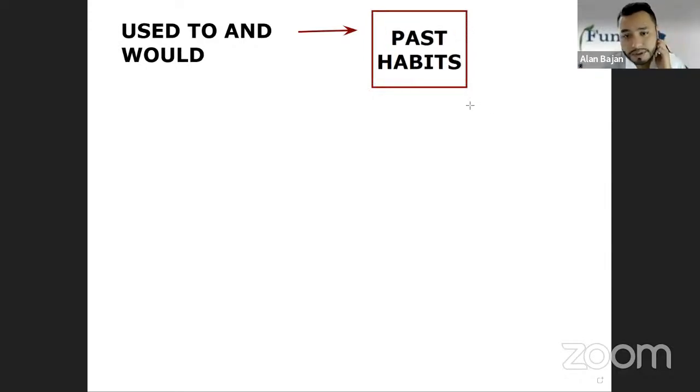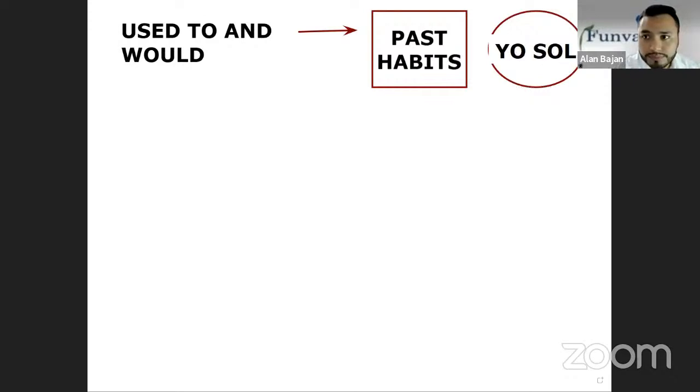Okay, we use it to talk about past habits. In Spanish, we can say that the verb used to and would means "yo solía."